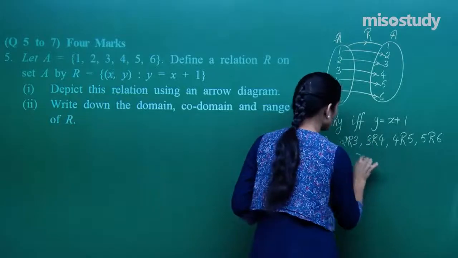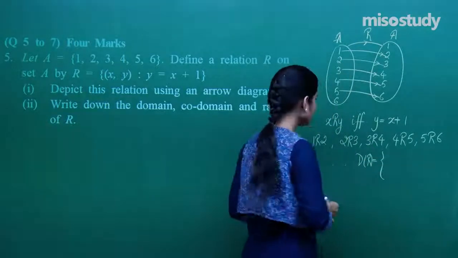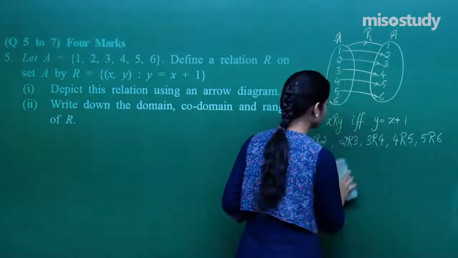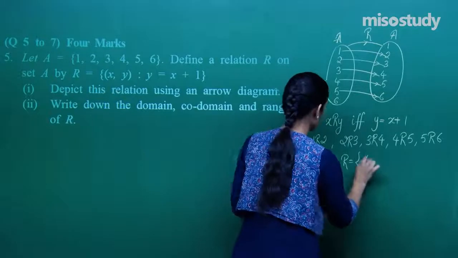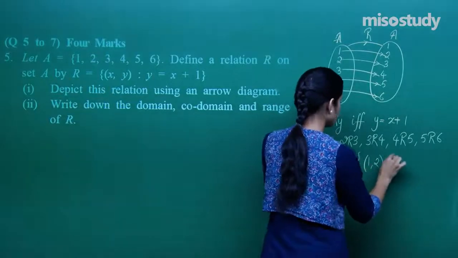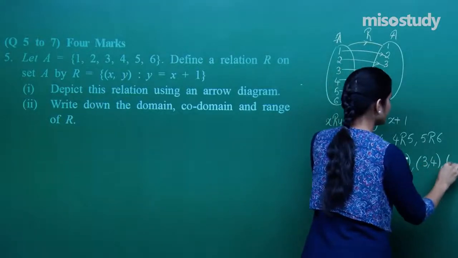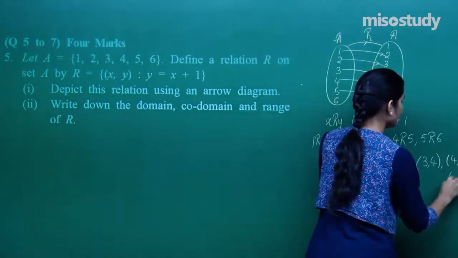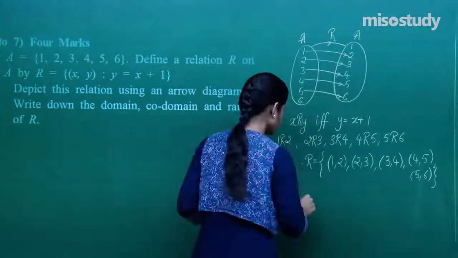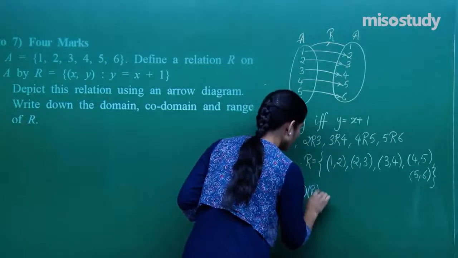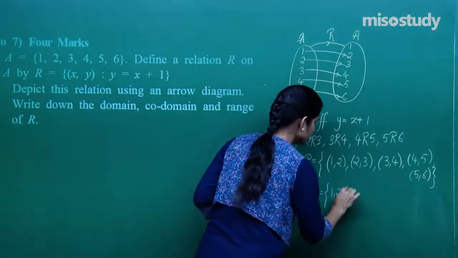Write down the domain. Domain of R is basically, if this is my very pattern of relation R, this means R is what? 1 comma 2, 2 comma 3, then you have 3 comma 4, then you have 4 comma 5, and then you have 5 comma 6. Collect all the first components in these ordered pairs. You will get the domain of R as 1, 2, 3, 4, 5.